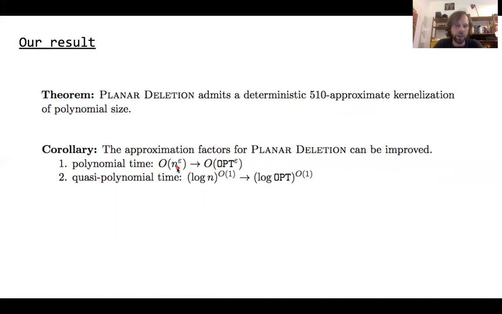So when the approximation factors were expressed in terms of the size of the graph, now they become expressed in terms of the optimum. And let me note that prior to our work, even the existence of poly-opt approximation for planar deletion was open.